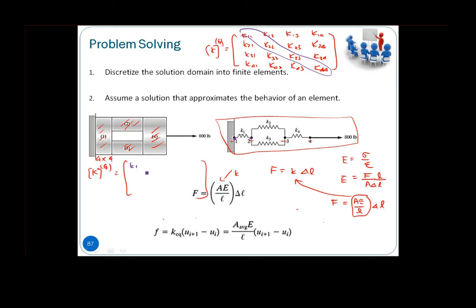So K22 is K1 plus K2 plus K3. K33 is at node 3 itself, where we have K2, K3, and K4, so K2 plus K3 plus K4. Then node 4, or K44 here, is only K4.